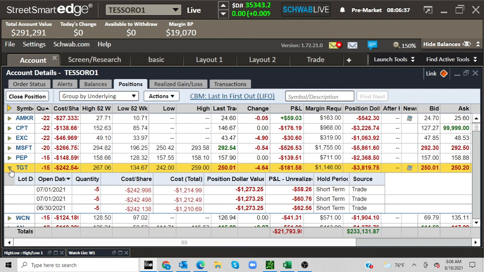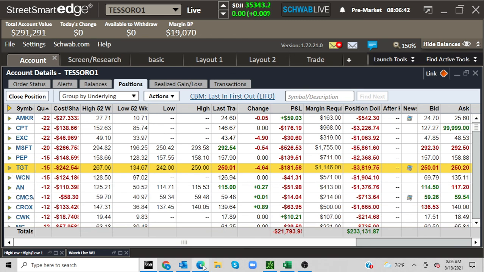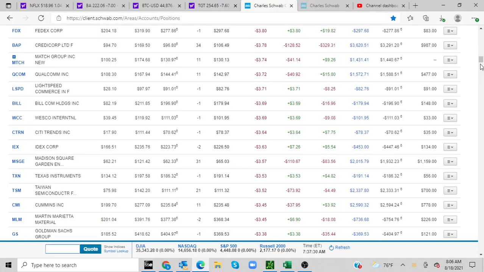It's still a gain for today, but it's a good sign. But I did get rid of a whole lot of it yesterday. So this is where we are in terms of shorting a stock.